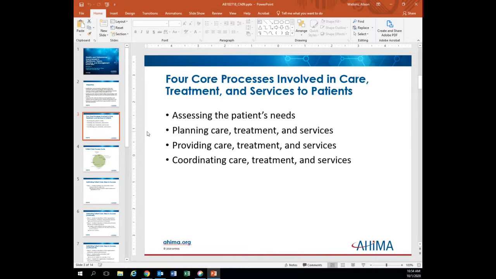But they develop this care pathway. In other words, if this is the situation, this is our established protocol of what we need to do for this patient.